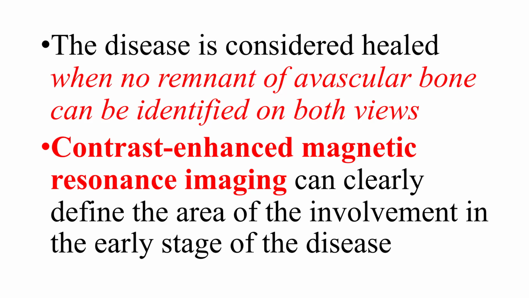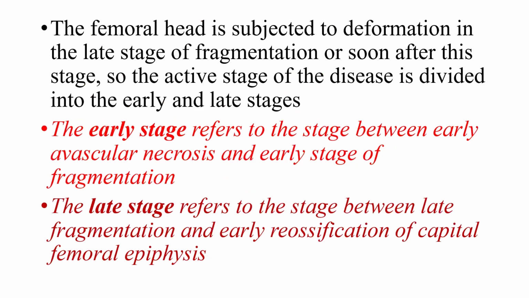Contrast-enhanced magnetic resonance imaging can clearly define the area of involvement in the early stage of the disease. The early stage of the disease is important to identify. The femoral head is subjected to deformation in the late stage of fragmentation or soon after this stage. So the active stage of the disease is divided into early and late stages.